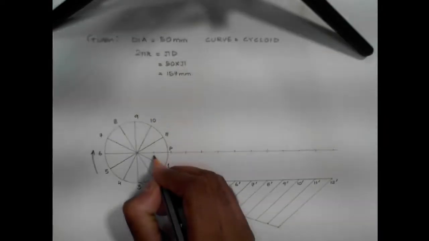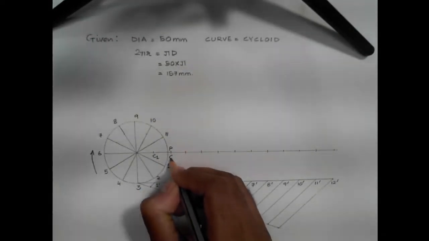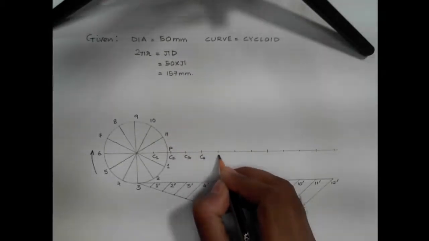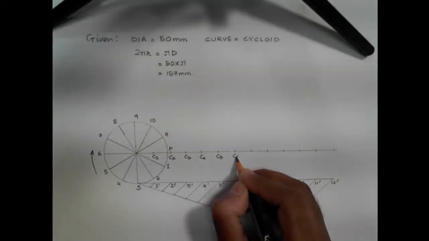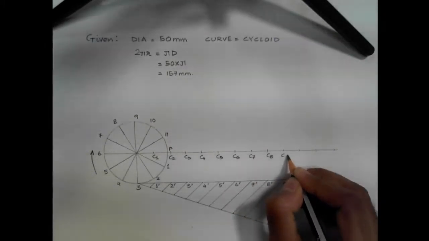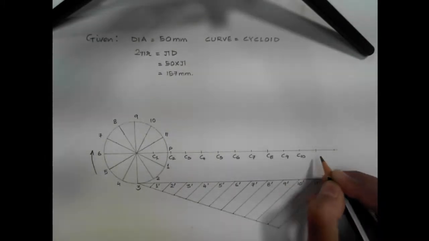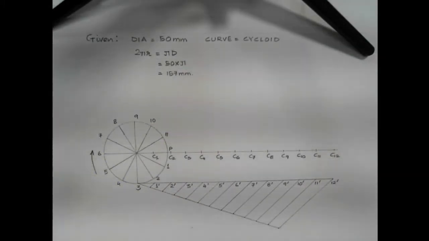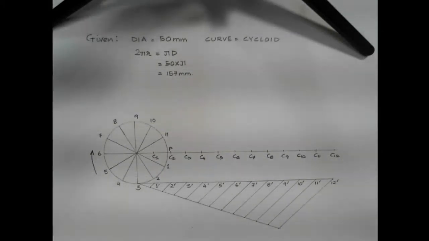And name it as C1, C2, C3, C4, C5, C6, C7, C8, C9, C10, C11, and C12. Make sure you name all the lines and points soon after drawing them.